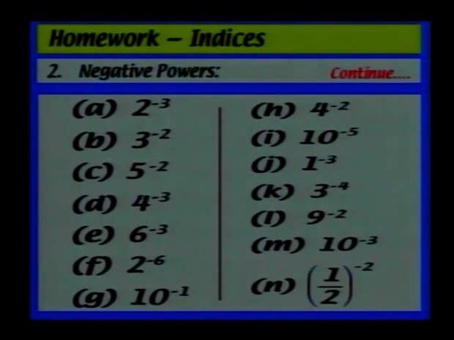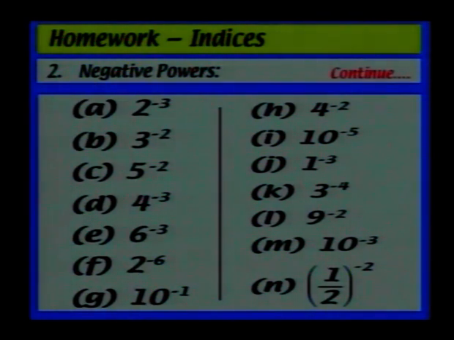Velma, F. 1/64. Good. George, 1/10. Correct. Ponrelay, H. 1/16. I. Kyle, 1/100,000. Okay, letter J is 1.